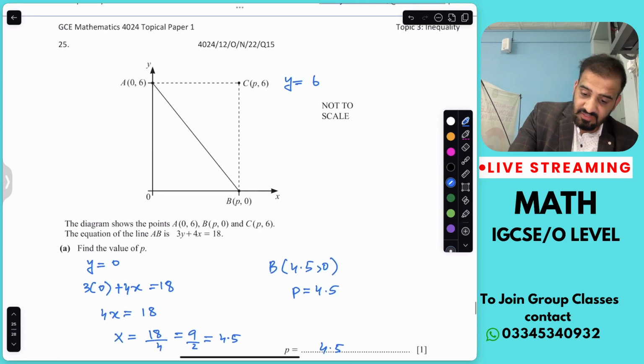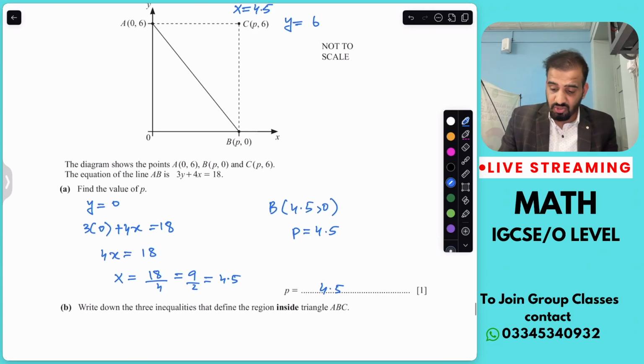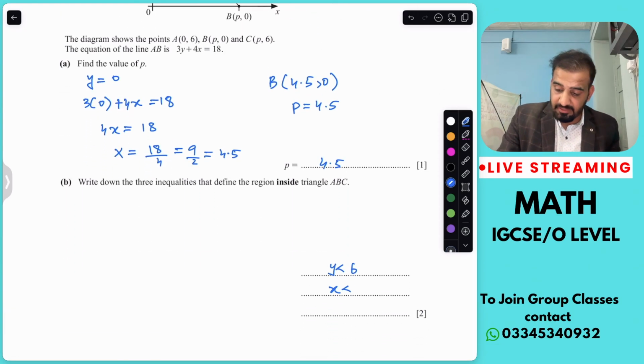Next, we have this line, x equals P, which is 4.5, and the triangle ABC is on the left side of this line. So you will write x is less than 4.5 or 9 over 2.